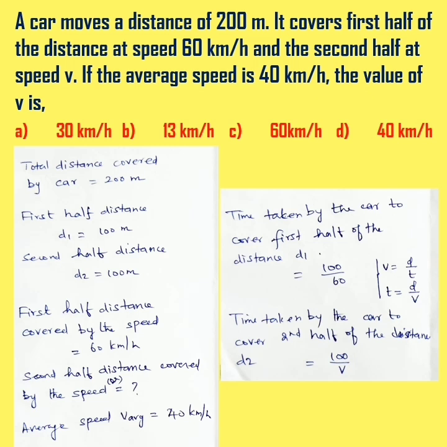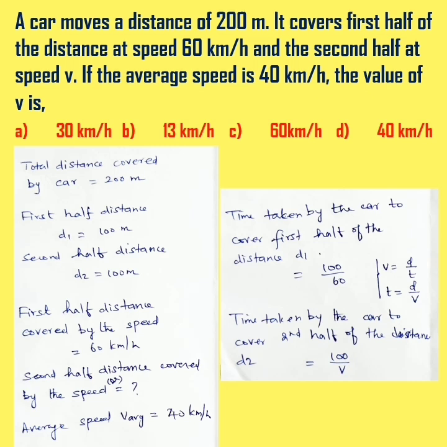Therefore, I'll name the first half distance d1, equal to 100 meter, and the second half distance d2, that is also 100 meter.